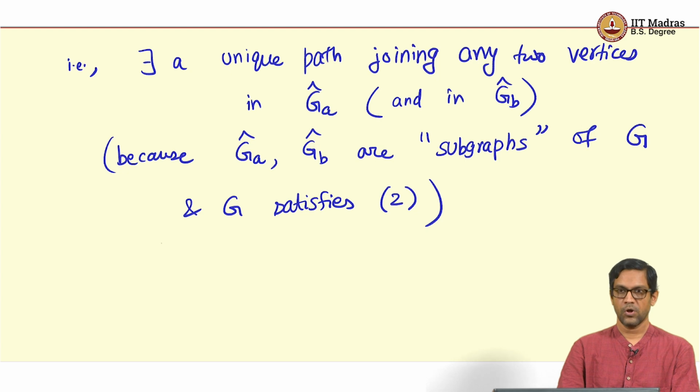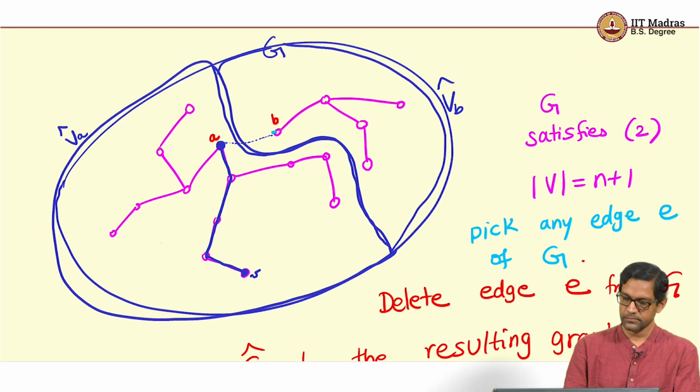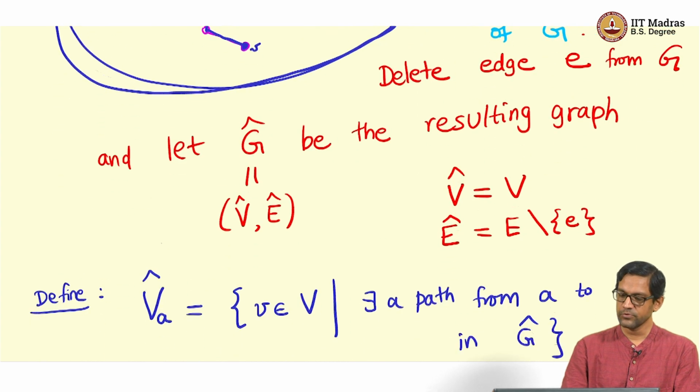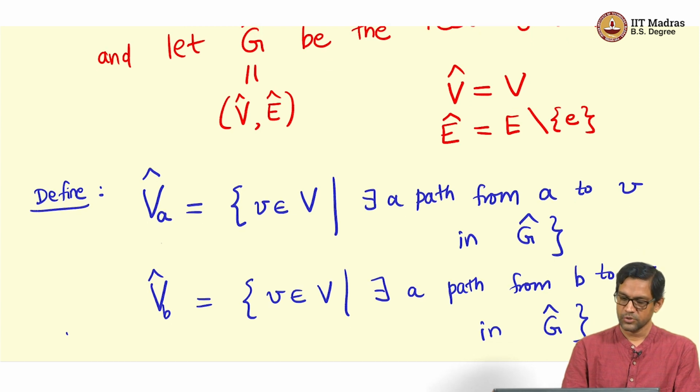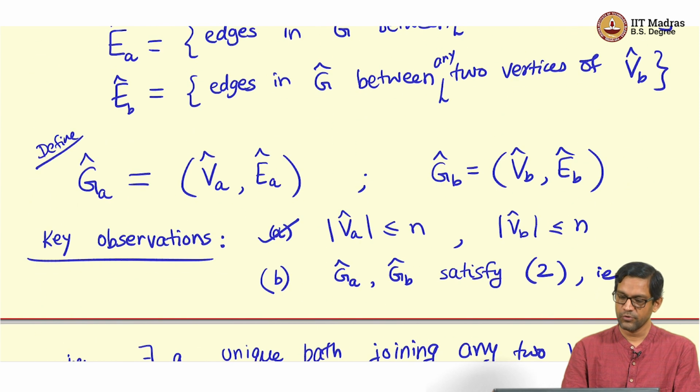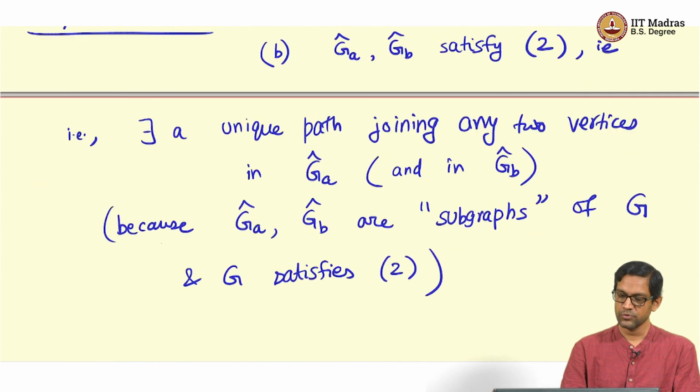Okay, good. So, all this elaborate setup was so that we could use the induction hypothesis. So, now let's actually use the induction hypothesis and see what we get. So, here are two smaller graphs, they have fewer vertices than n, and they satisfy the hypothesis too. So, we can use induction.